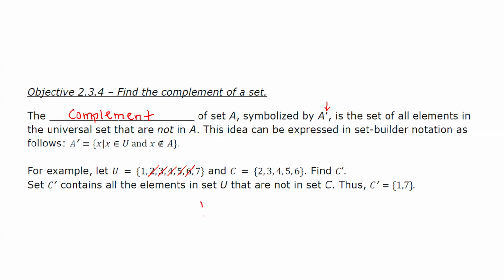So visually in a Venn diagram, say we have the universal set, then we have a subset, and that's C. Everything on the outside here would be considered not C, or the complement of C.